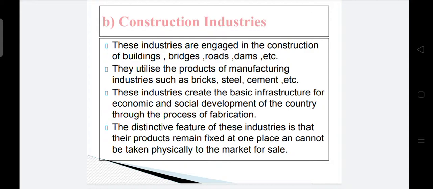These industries create basic infrastructure for economic and social development of the country through the process of fabrication. Examples: bridges, hospitals, houses, buildings, etc.